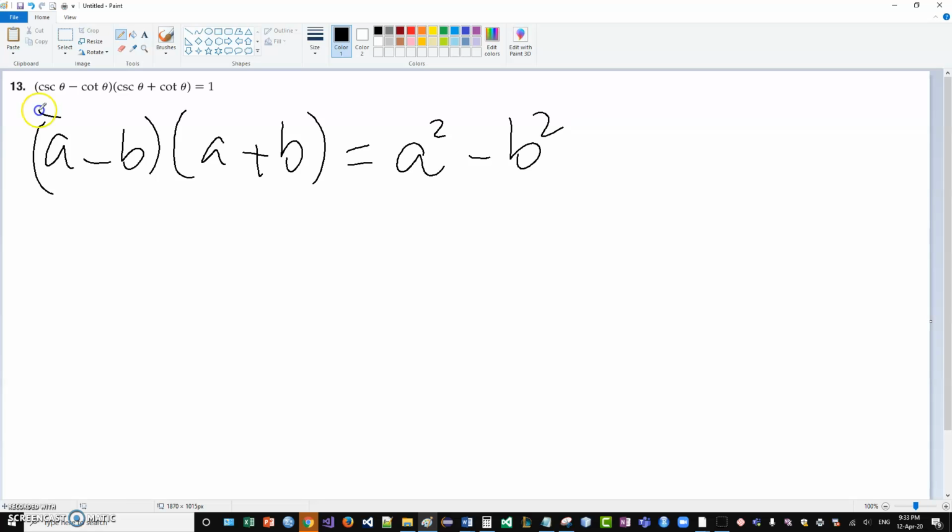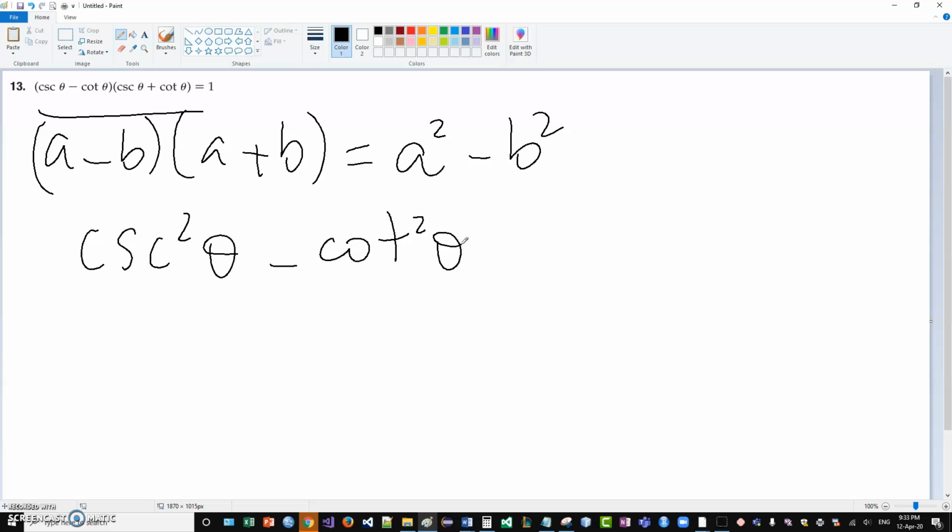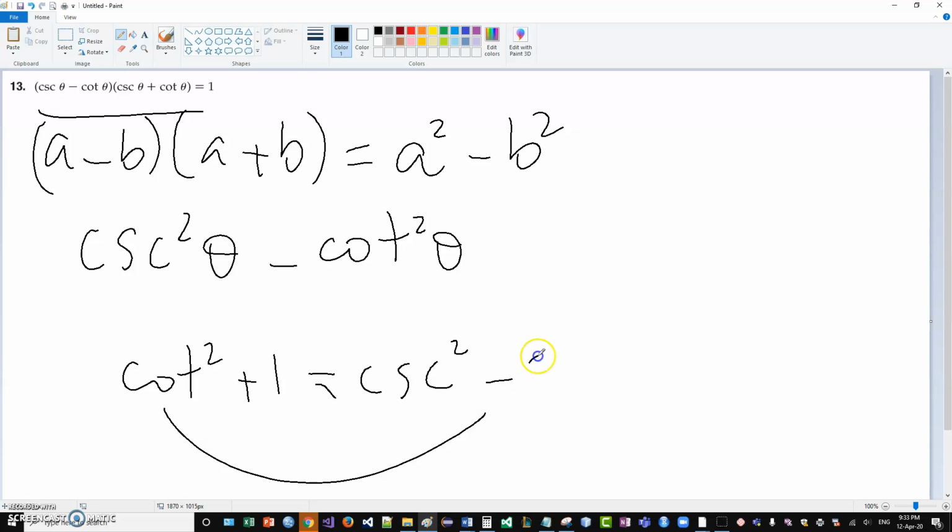So this will turn into cosecant squared theta minus cotangent squared theta. Now we know that cotangent squared plus 1 equals cosecant squared. So bring this here, minus cotangent squared will equal 1. So this one equals 1, which is what we're supposed to get.